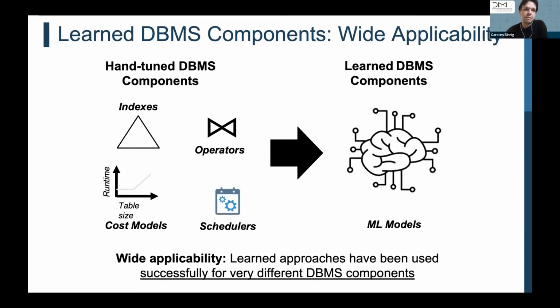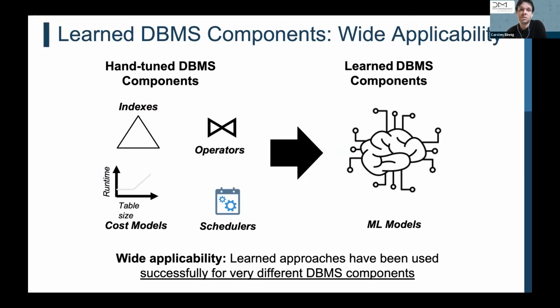Another observation that renders learned components interesting is that in the recent past they have not only been used for indexes; by now there is a wide spectrum of papers that covers almost any database component you can think of. It could be indexes, but also learned operators.